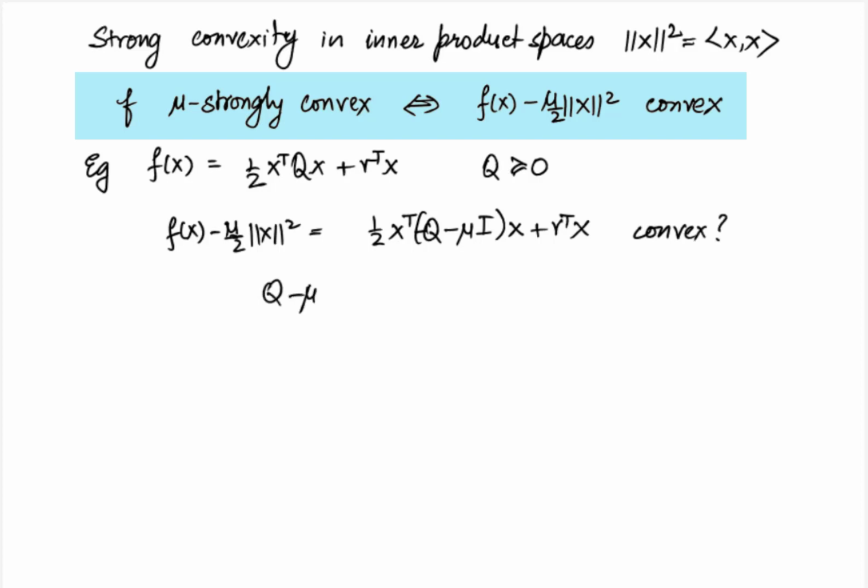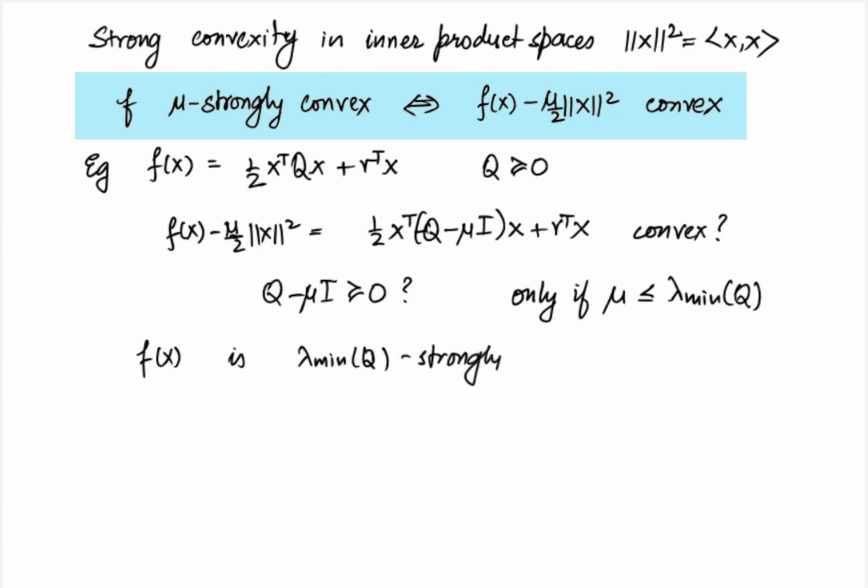So we require Q minus mu times identity to be positive semi-definite. Now the eigenvalues of Q minus mu times identity are basically eigenvalues of Q minus mu. So Q minus mu times identity is positive semi-definite if mu is less than or equal to the minimum eigenvalue of Q. In other words, the quadratic function is lambda min Q strongly convex.